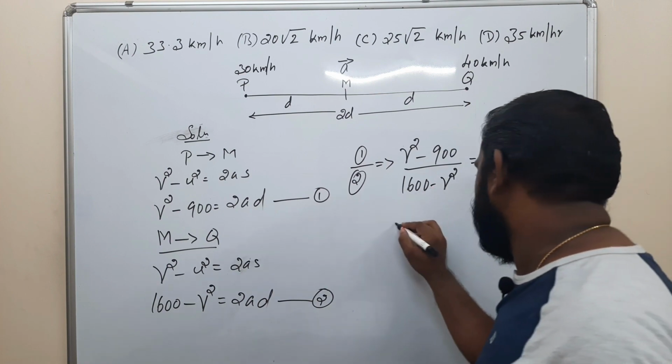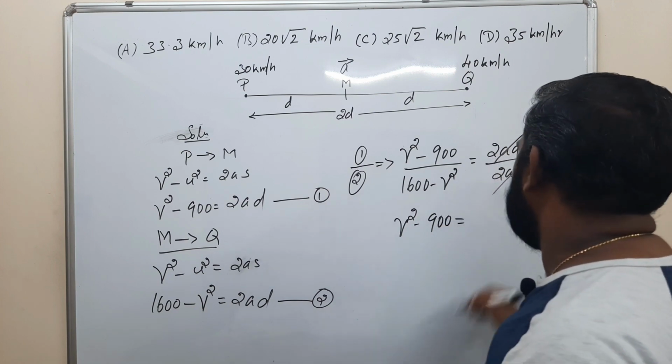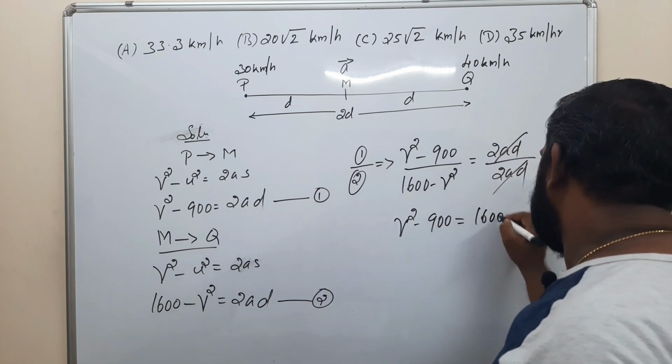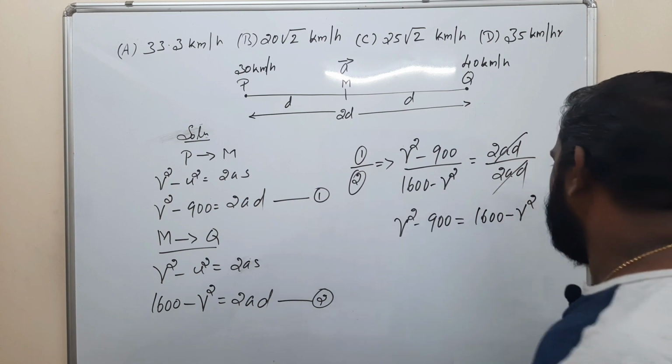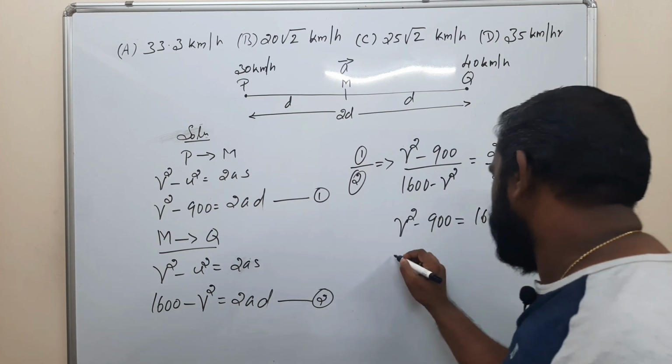So cross multiply: V square minus 900 is equal to 1600 minus V square. Bring this minus V square to this side.